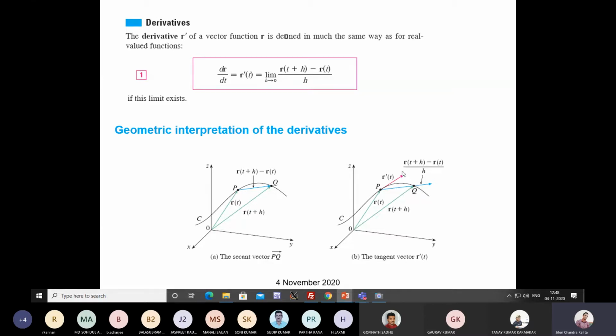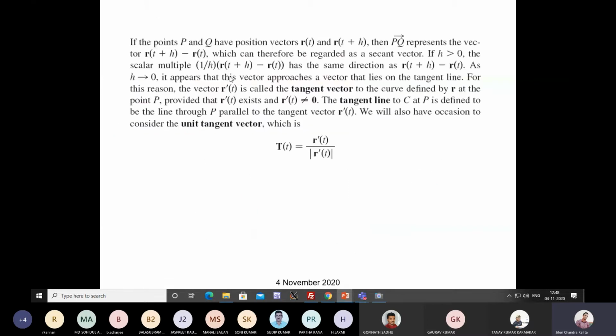Again, this is very important: r prime t is called the tangent vector to the curve defined by r at the point P, provided firstly the derivative exists and the derivative is non-zero. The tangent line to C at P is defined to be the line through P parallel to the tangent vector r prime t.